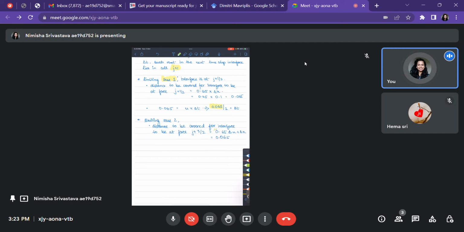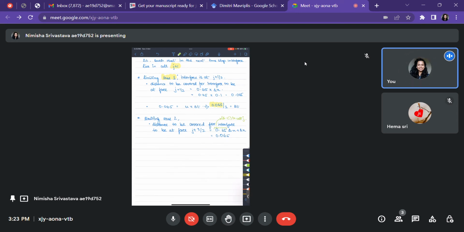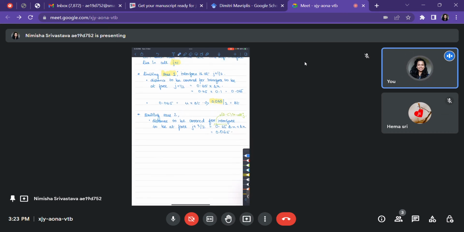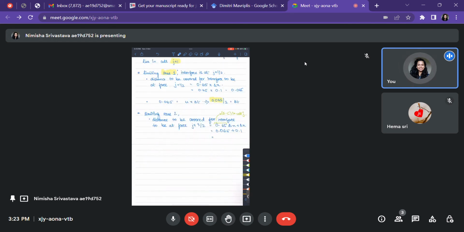This is the color function c, the leftover, 1 minus c. This is 1 minus c in cell j. Right. And delta x, as we know, is 0.1. This is given in the problem. So the total distance to be covered is 0.165.